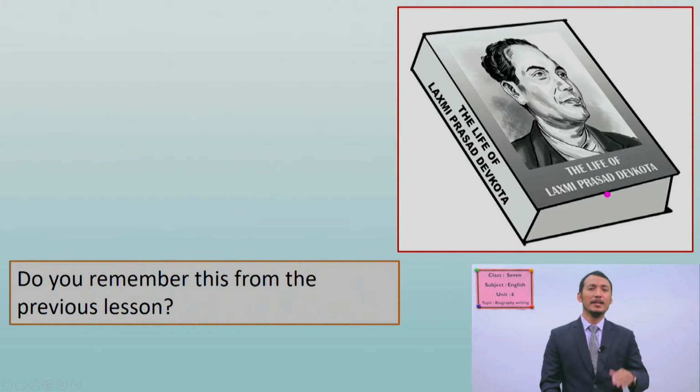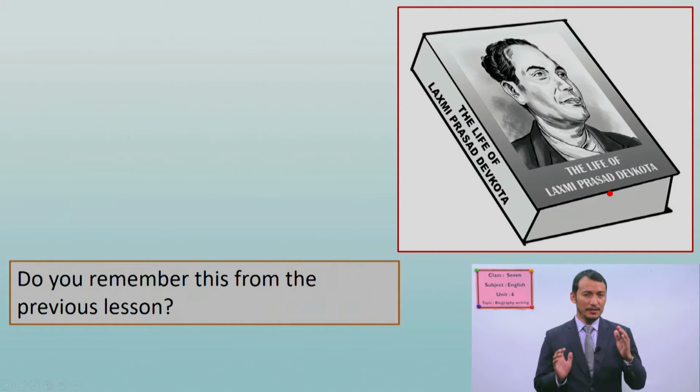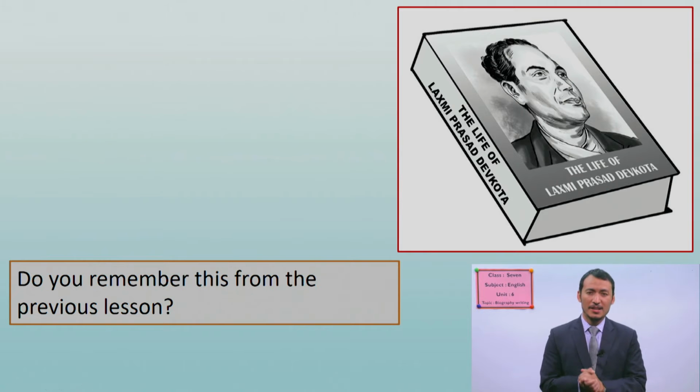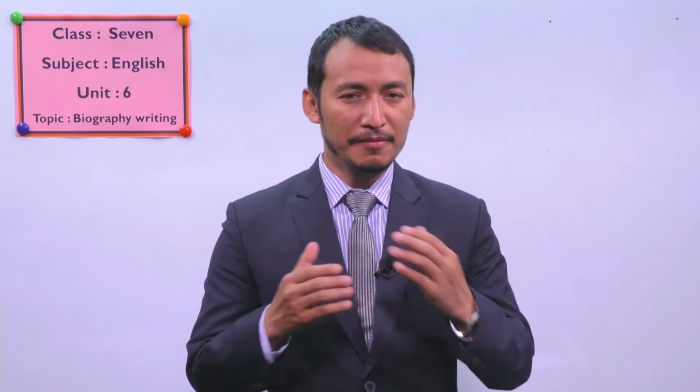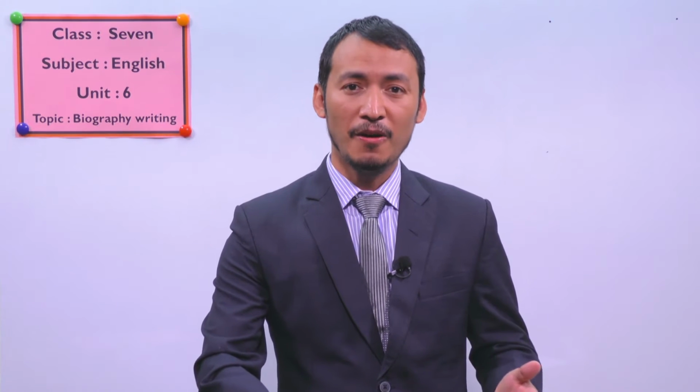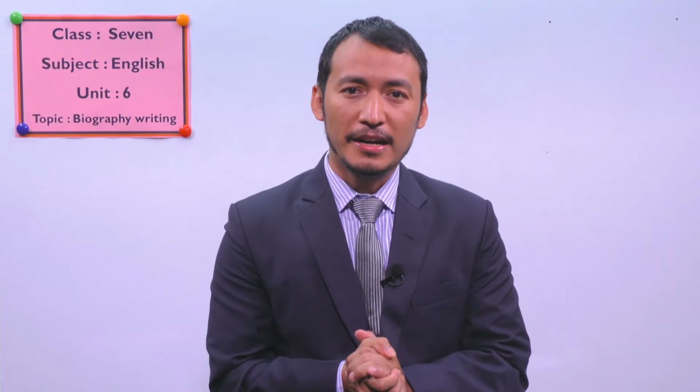When you have a description about someone's life in a book, what do you call that book? Do you have any idea? Okay, yes, definitely. You can remember the definition of a biography, right?